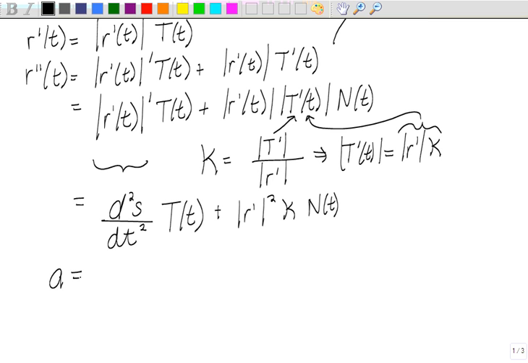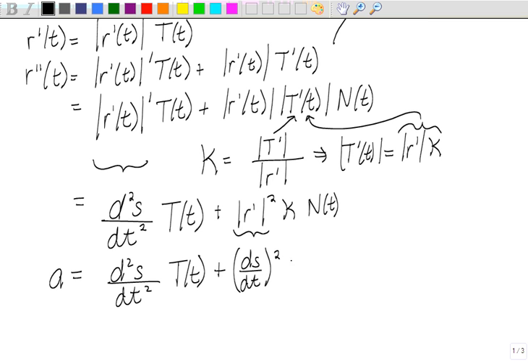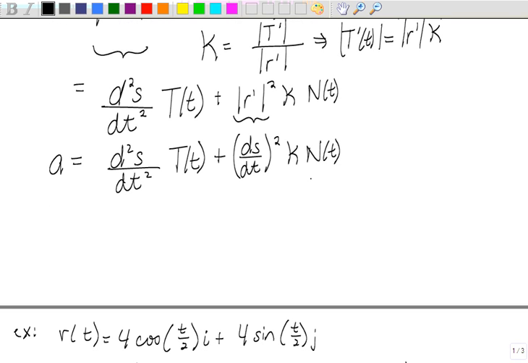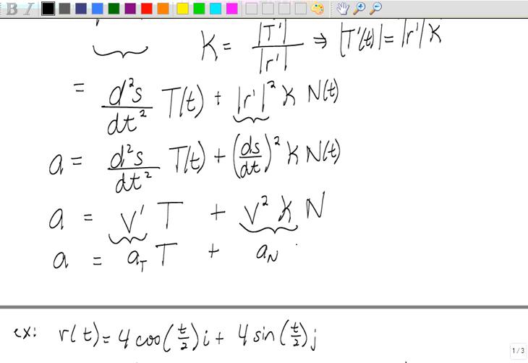So we have the acceleration is the second derivative of the arc length with respect to t times T plus this is (ds/dt) squared times the curvature times the unit normal vector, and we can say that that is v prime times T plus v squared kappa N. We're going to say that that's a_T, and this is a_N.